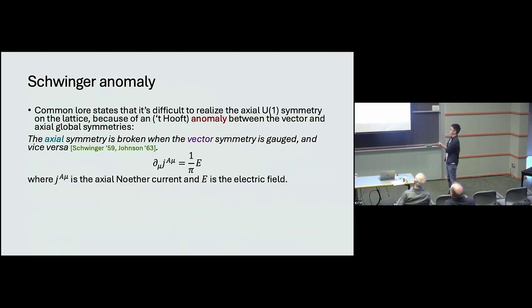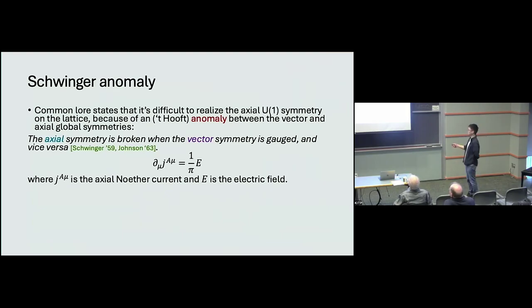The Schwinger anomaly states that if you start with a free Dirac fermion in the continuum field theory, you have U1 vector times U1 axial global symmetry. Both of them are honest-to-God global symmetries. However, if you gauge the vector global symmetry to go to QED, then the axial global symmetry is broken quantum mechanically. This is a 1+1d counterpart of the ABJ anomaly.